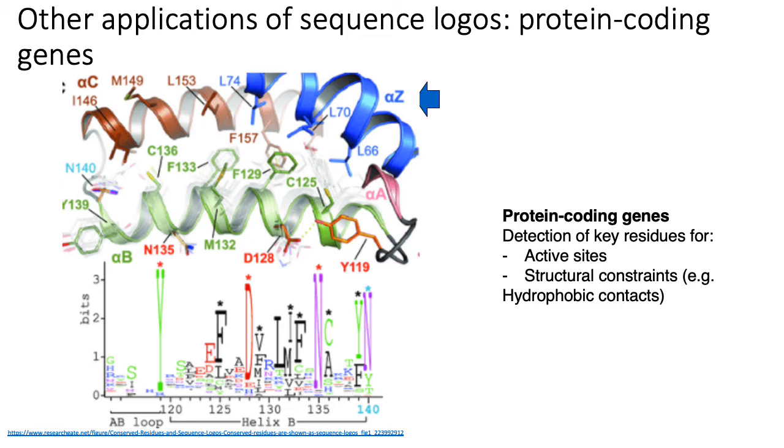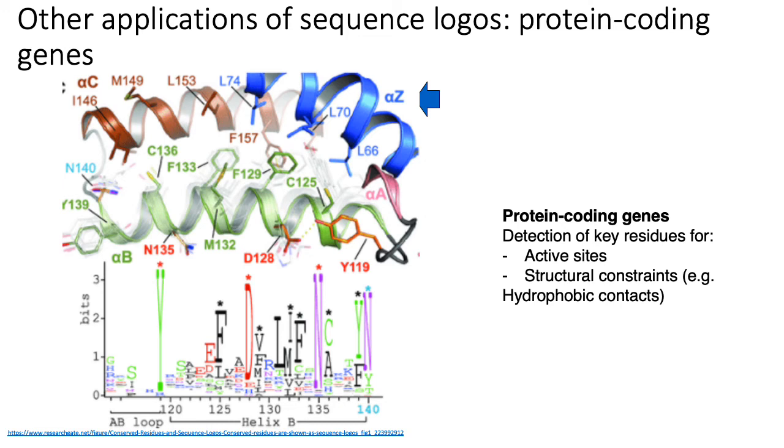And so, for example, a lot of people look at sequence logos corresponding to alignments of protein-coding genes because they believe that the positions that have a lot of information will tend to point to key residues of a particular protein.